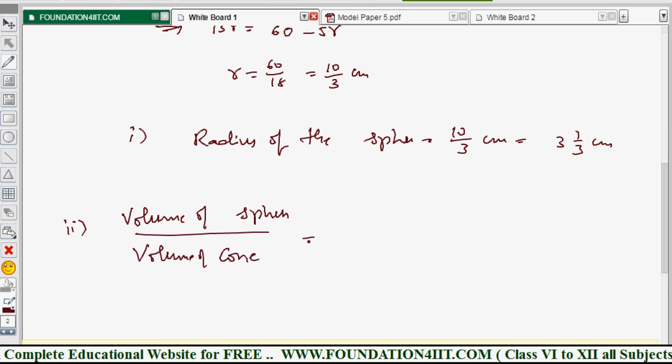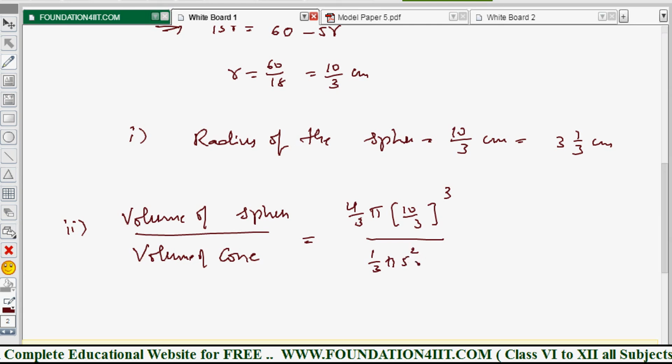The volume of the sphere formula is 4 by 3 pi R cube, where R is (10 by 3) cube. The volume of the cone is 1 by 3 pi r square h.